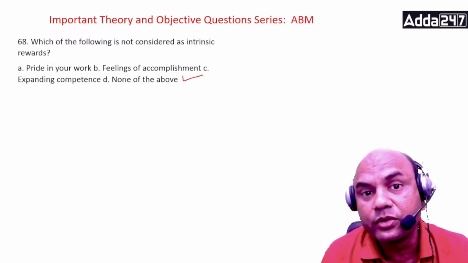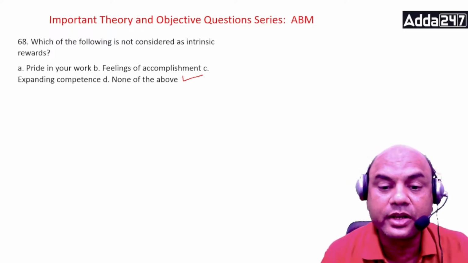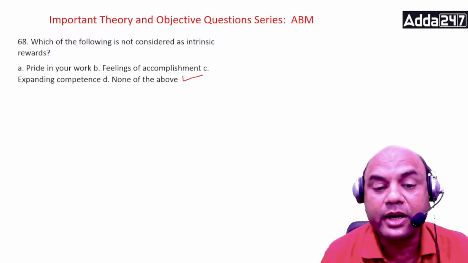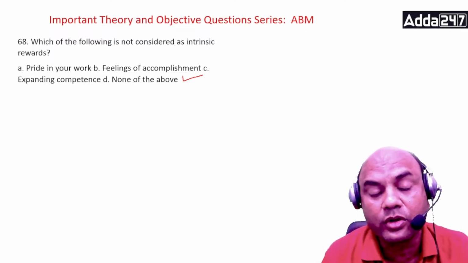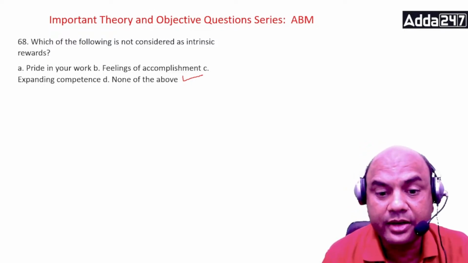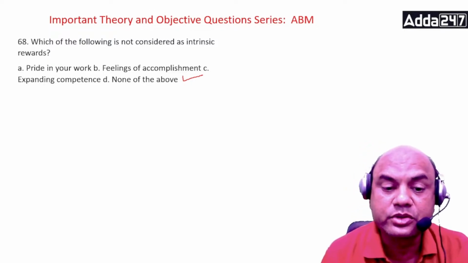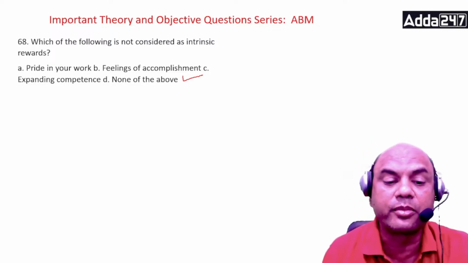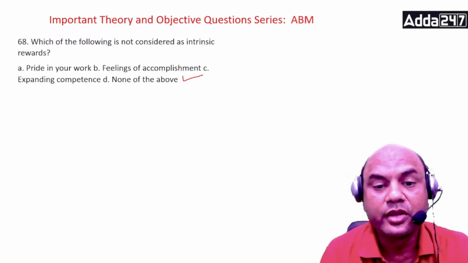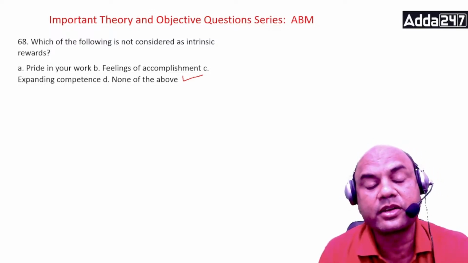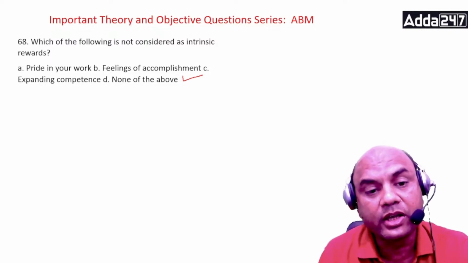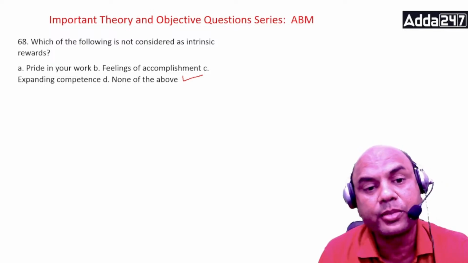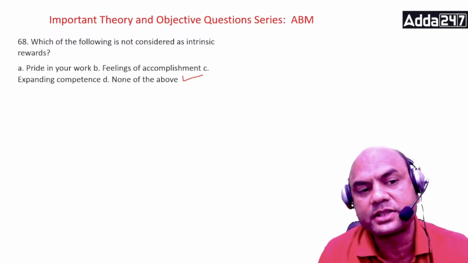Learning something new can also be one of the intrinsic rewards. Expanding competence in a particular area means increasing your knowledge in a typical area. Allowing the employees to choose which project they work on and being part of the team. So this is all about intrinsic rewards. So pride in your work, feeling of accomplishment, expanding the competence, these are all parts of intrinsic.